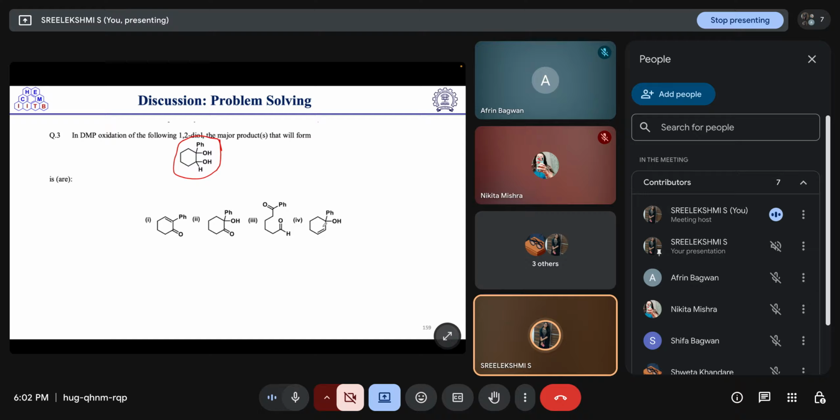DMP is basically the acetoxy derivative of IBX, 2-iodoxybenzoic acid, where instead of alcohol there is an acetyl group. That is DMP, Dess-Martin periodinane.